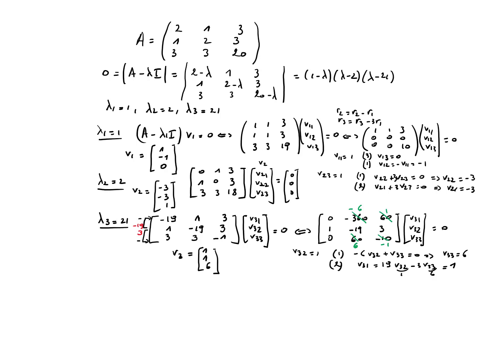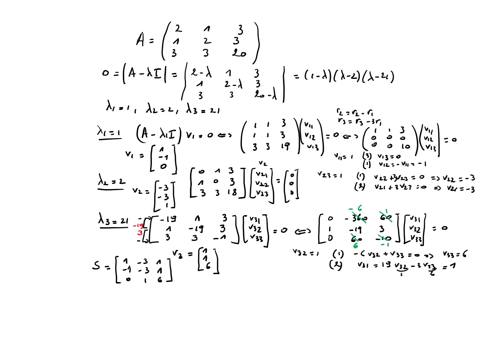Okay, so we can stack the vectors in S, and this will be 1 minus 1, 0, okay, minus 3, 1, and 1, 1, 6.